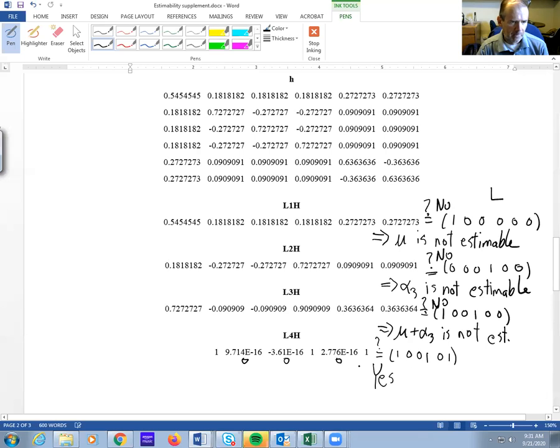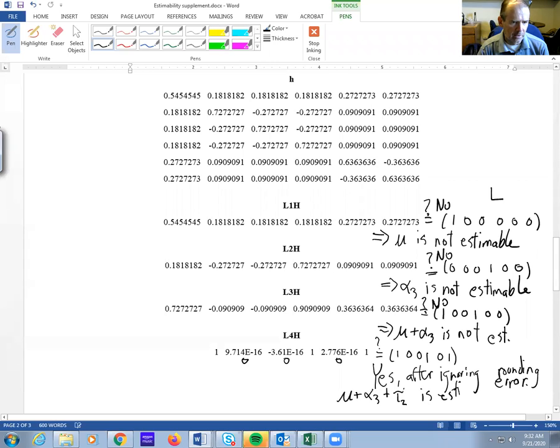So after ignoring rounding error, if you didn't have rounding error in there, they'd be exactly the same. So this plus alpha 3 plus tau 2 is estimable.